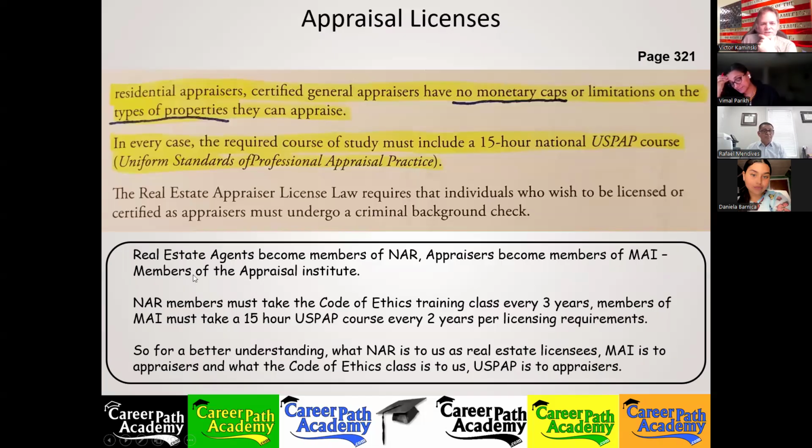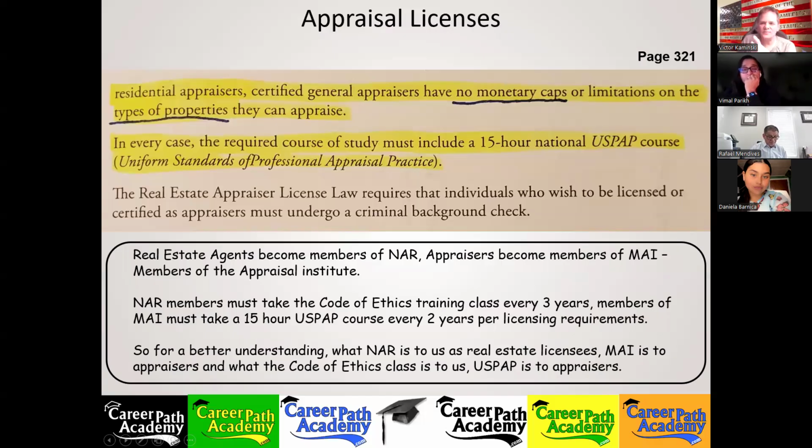Right. But real estate agents become members of NAR, and appraisers become members of MAI. NAR members must take the Code of Ethics training class every 3 years, and members of MAI must take the 15-hour USPAP course every 2 years. Actually, it's not just members of MAI, it's all licensees.